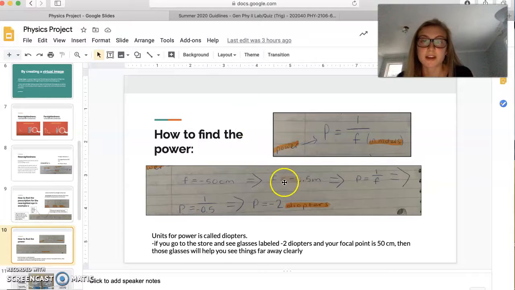So we take negative 50 centimeters, we have to convert it to meters and take the inverse of it to find negative 2 diopters. So units for power is diopters. And if you go to the store and see glasses labeled negative 2 diopters and your focal point is 50 centimeters, then those glasses will help you see things clearly that are far away.